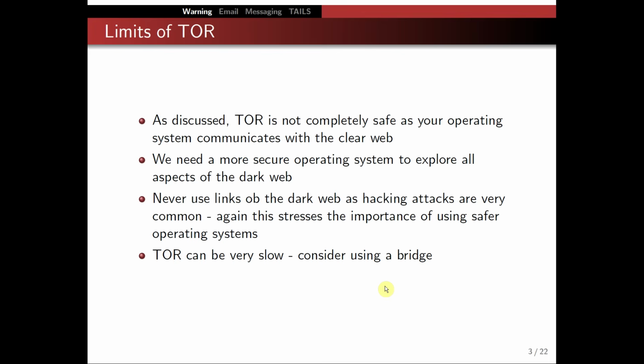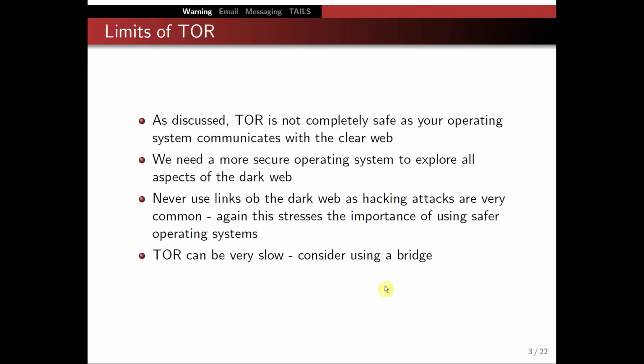As we discussed in a previous unit, all the communication you have doesn't go through the Tor network, because your operating system, so your Windows operating system or your Mac operating system, also communicates with the internet all the time. And these communications are not secure.